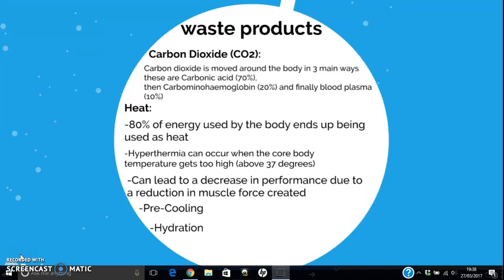The next problem is heat, and this is a large amount: 80% of the energy created by the body is actually lost as heat. The other 20% is obviously used as oxygen.